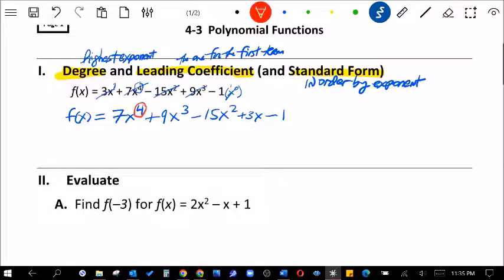So this is the degree. This is the leading coefficient simply because it leads off the polynomial.